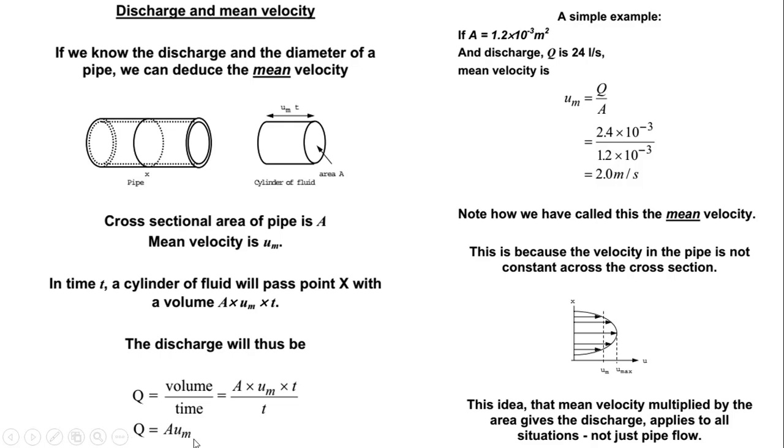Take note of this. Discharge can also be defined as area multiplied by the velocity, or the mean velocity that we have. Okay. So here's another example of how to find the mean velocity when you are given the area and the discharge. You can take a look at this during your spare time.